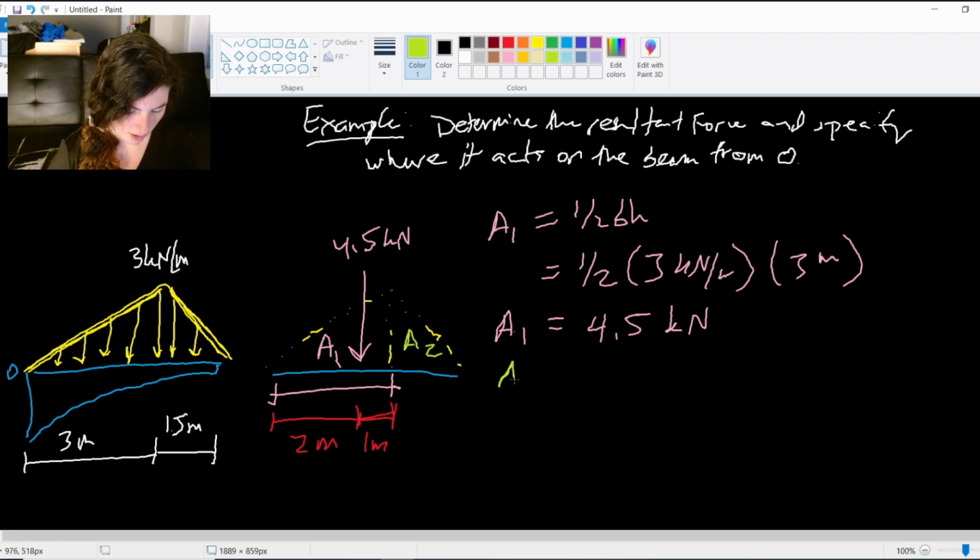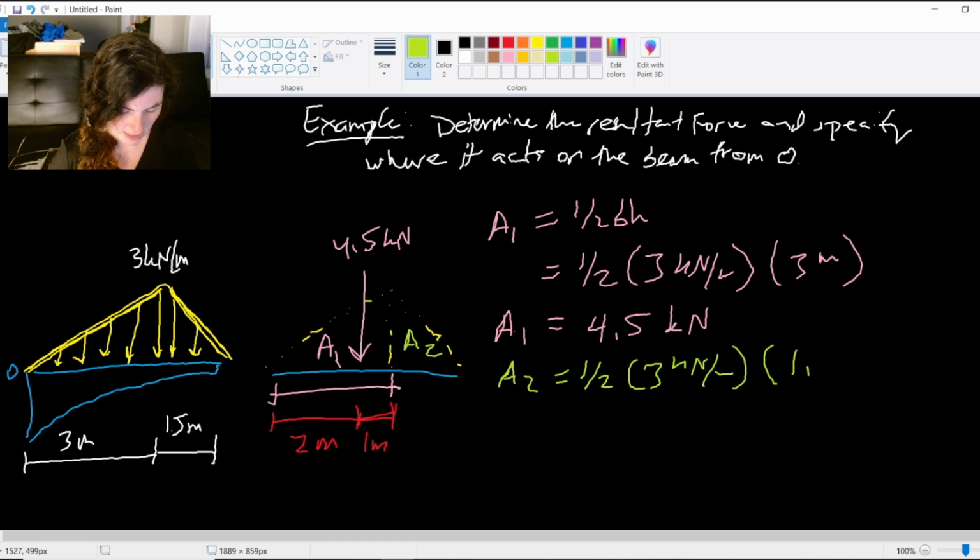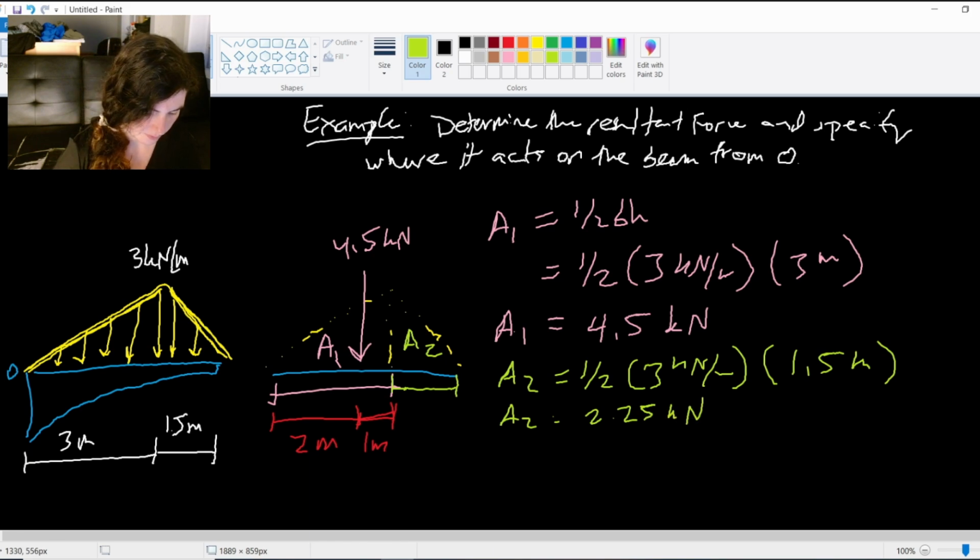For our second area, we still have the same height, right? 3 kilonewtons per meter, but now the base length here is only 1.5 meters. So my second area is 2.25 kilonewtons. And that is going to be acting right here.